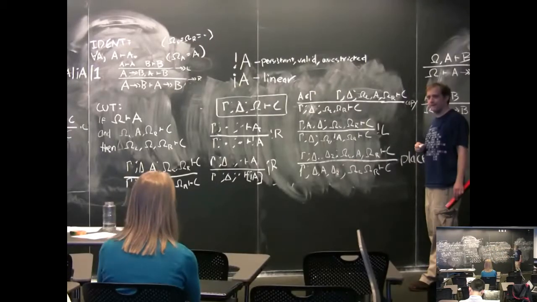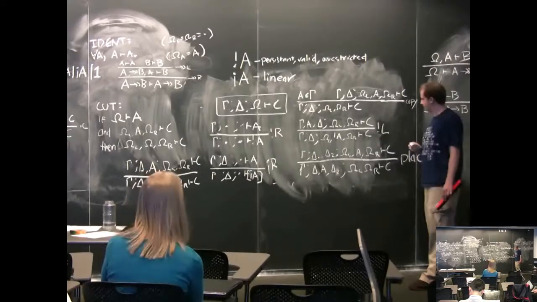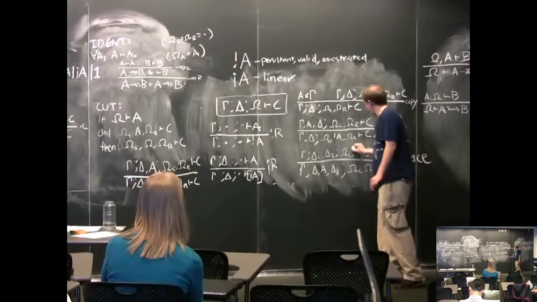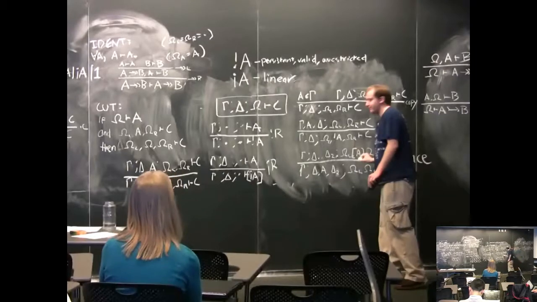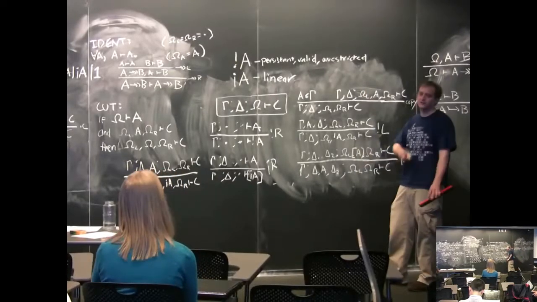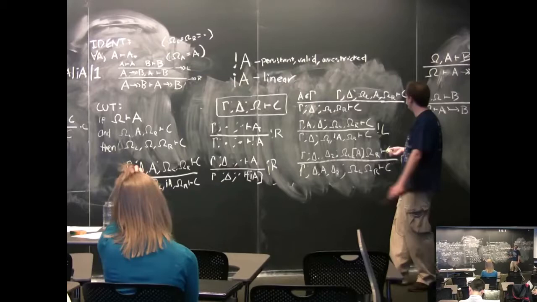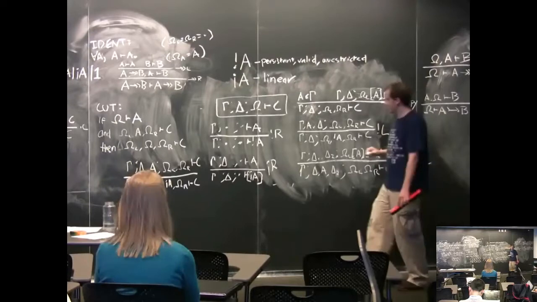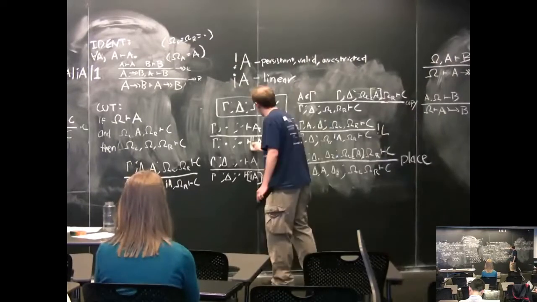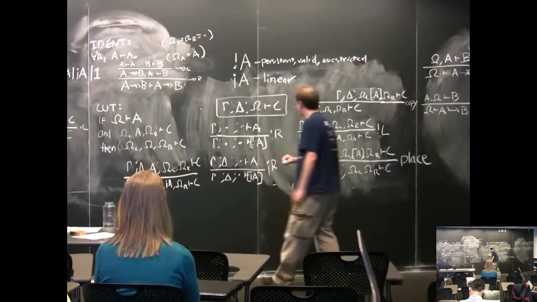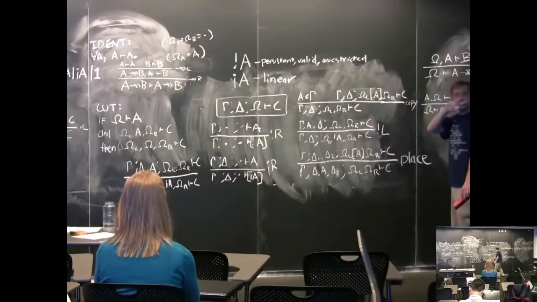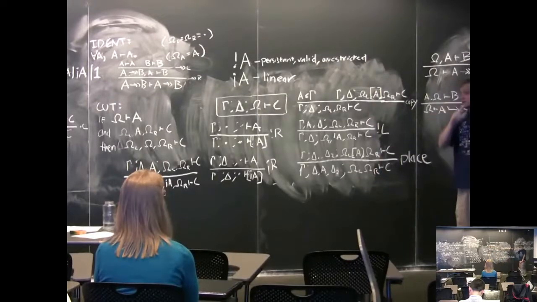Do I need to do anything to place? Yep. So if I place something in the focus system, I have to immediately focus on it, just like if I copy something in the linear system, I have to immediately focus on it. And again, I am focused on A, and then I have that.